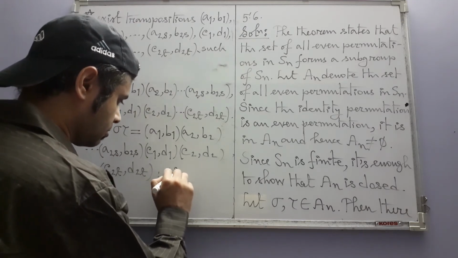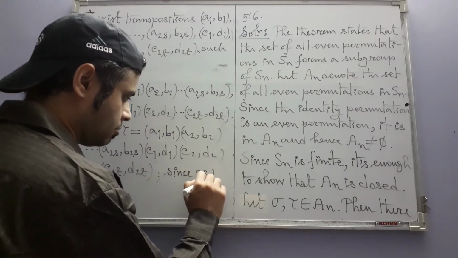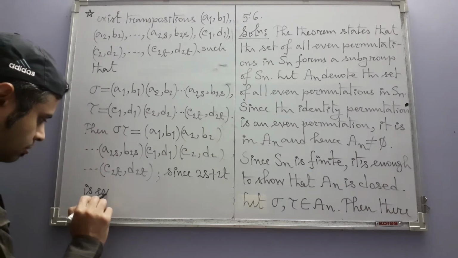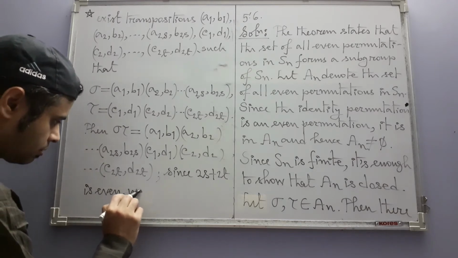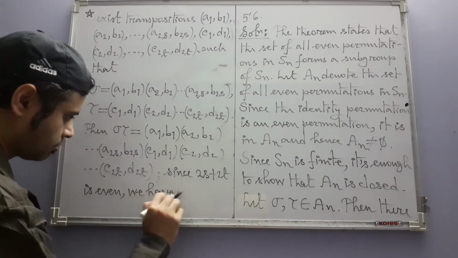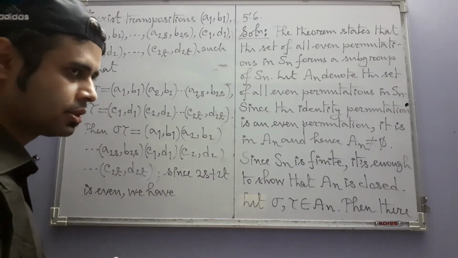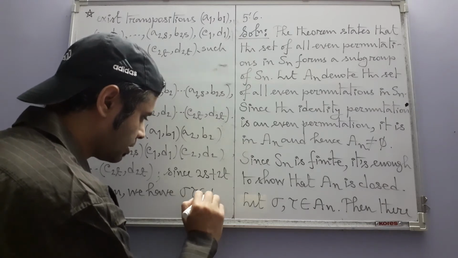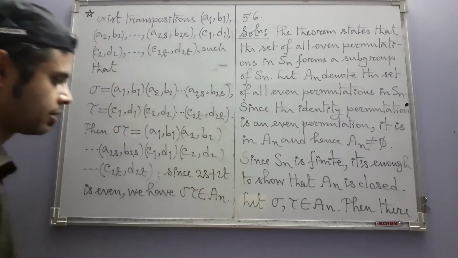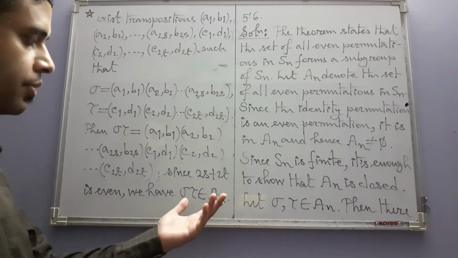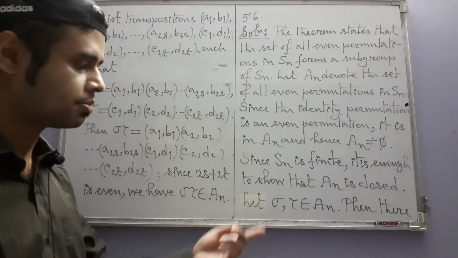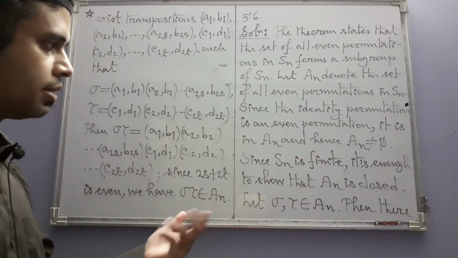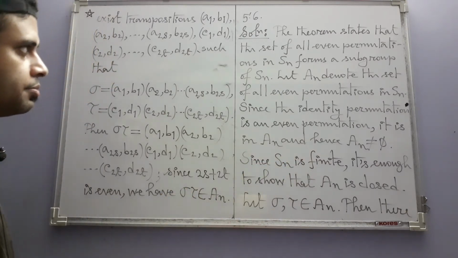Since 2s plus 2t is even, we have, instead of saying sigma composition tau is an even permutation, the same thing can also be expressed like this more compactly, and that's what we wanted to show, because this alone implies, because our original group is finite, that An is a subgroup of Sn.